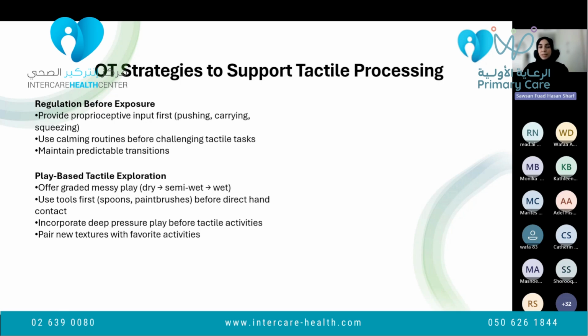Then we can move to the semi-wet touch, and finally we can go to the wet touch if the child is already accepting the previous things. And we have to use some tools. For example, if the child is doing painting and we don't want the child to touch the paint, we can give them a paintbrush to help them accept participating in the activity without being overwhelmed.